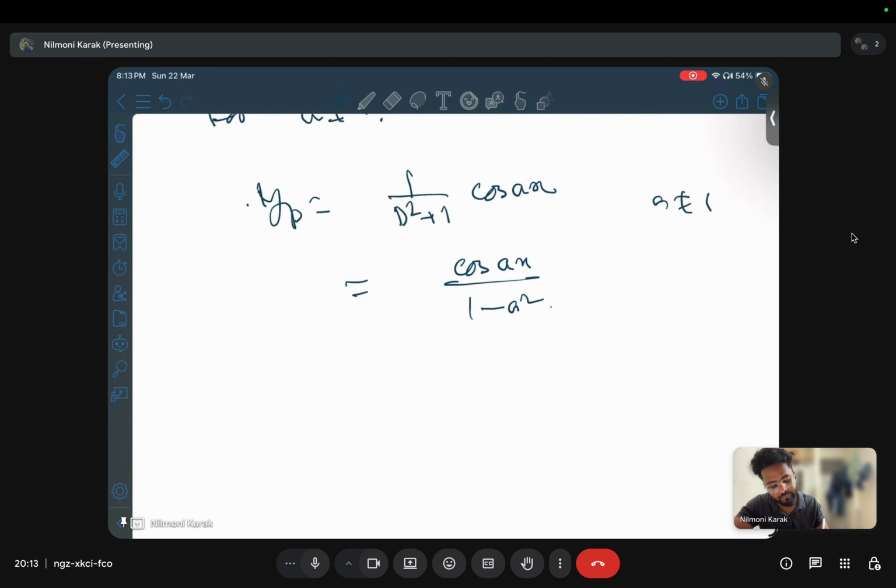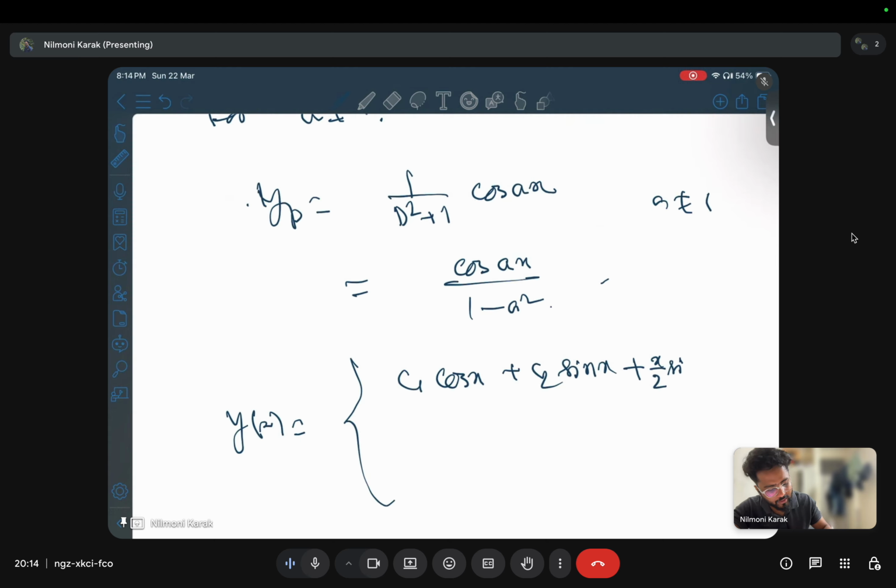So finally y(x) is c1 cos x plus c2 sin x plus (x by 2) sin x if a equals 1, and c1 cos x plus c2 sin x plus cos ax by (1 minus a square) if a is not equal to 1.